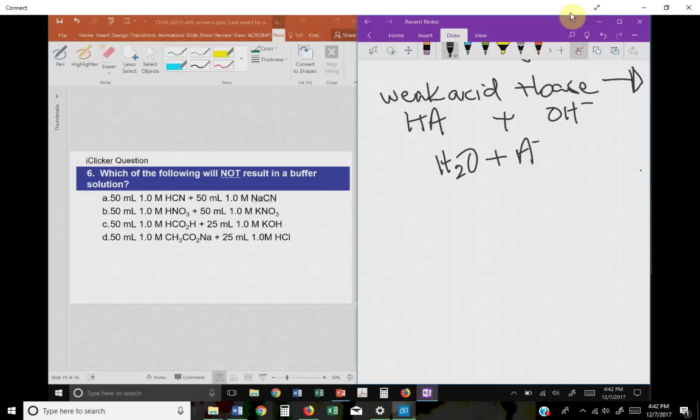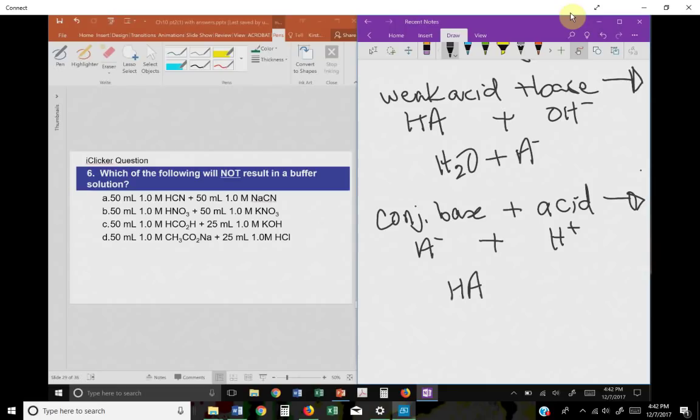So the conjugate base, which is going to be the A-, if it's reacted with a strong acid, which is essentially going to be a proton, then what we get from this situation is just a little bit of weak acid.